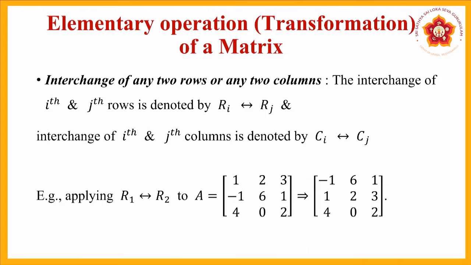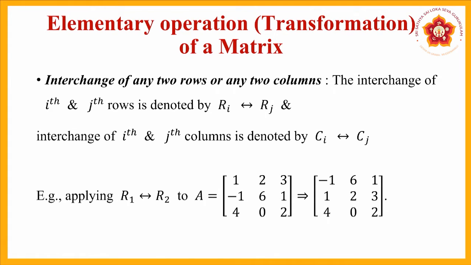That symbol denotes the interchanging. We are interchanging the ith row with the jth row and the jth row with the ith row. That is what changes happen in case of an elementary operation on a matrix, and similarly we can do a column operation as well.